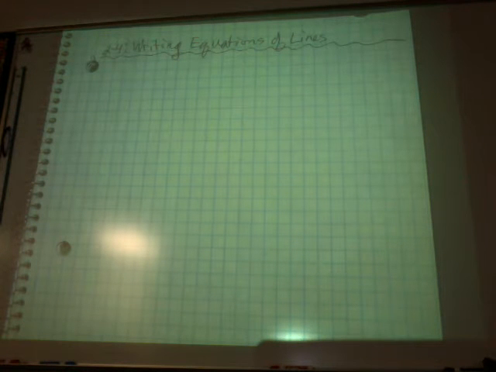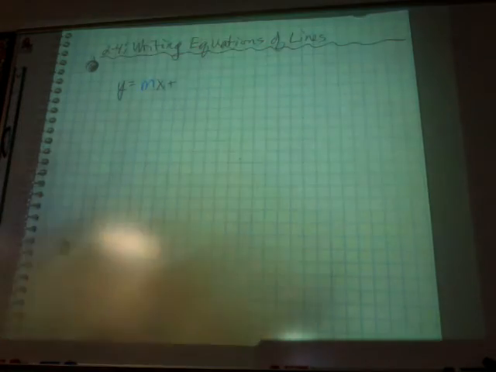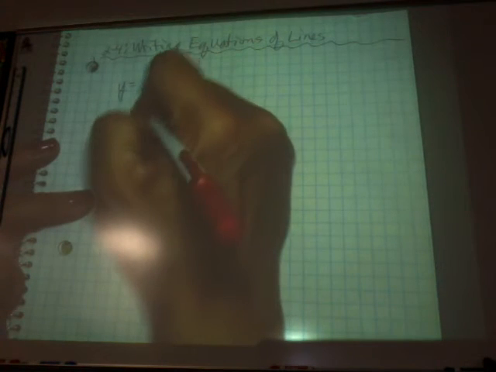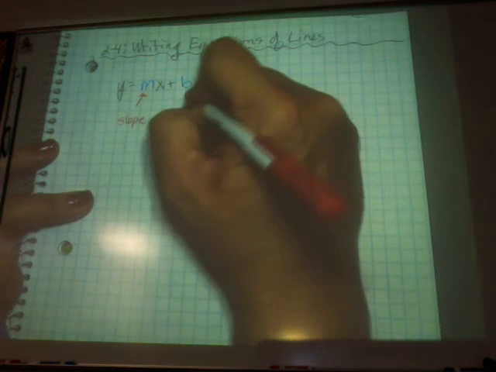There are two forms that we're going to use, two forms of the equation of a line. One will be y equals mx plus b, which, going over homework, we just talked about. This is your slope and this is your y-intercept.